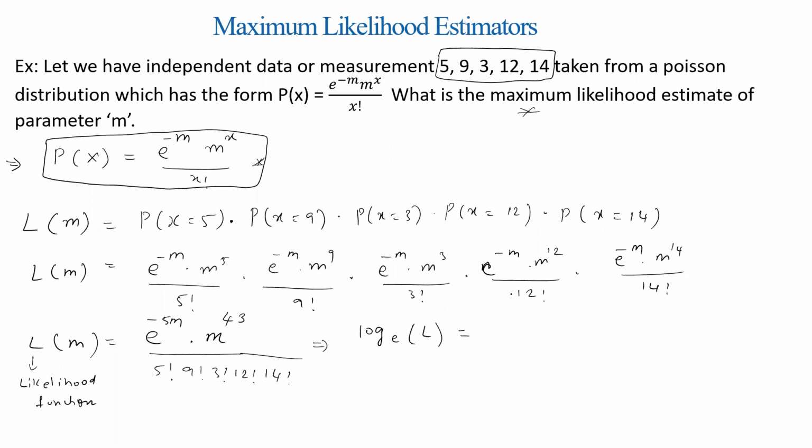So this will become log base e of e power of minus 5m into m power 43 divided by, minus log of 5 factorial, then 9 factorial, and so on up to 14 factorial. Now I will differentiate this L with respect to the parameter you are finding.